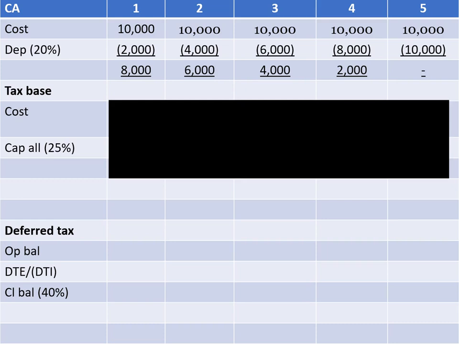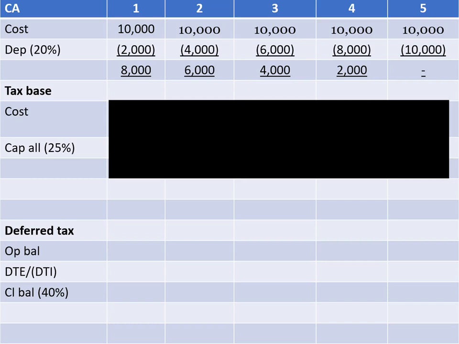Our carrying amount is going to be the cost less the accumulated depreciation each year. In year 1, we've only accumulated 2,000. In year 2, it's 4,000. Year 3, 6,000, year 4, 8,000, and eventually the full 10,000. So our carrying amount for year 1, therefore, is the difference, 8,000, then 6, 4, and 2. And eventually our carrying amount becomes 0 in year 5.